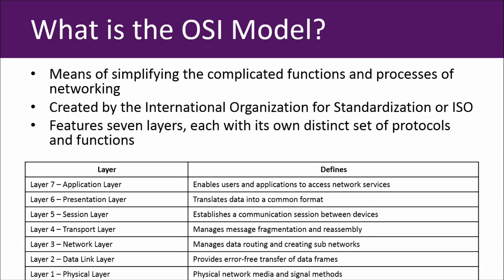The OSI model is just a means of simplifying the complicated processes that occur during networking. So we talked about how data was transferred in a previous module. And this model allows us to follow along with that process and understand which protocols belong at which layer and sort of figure out what's going on, right?